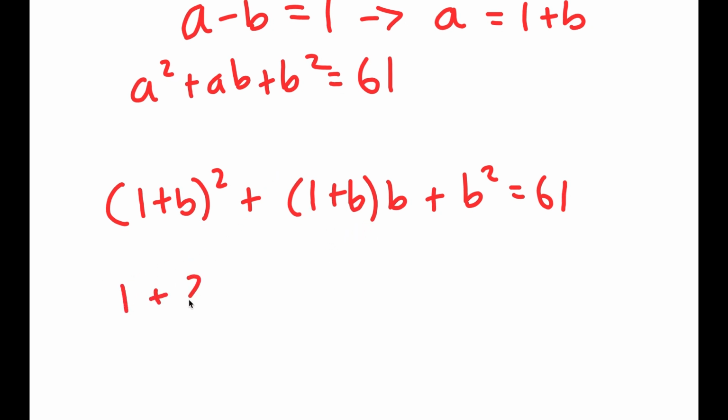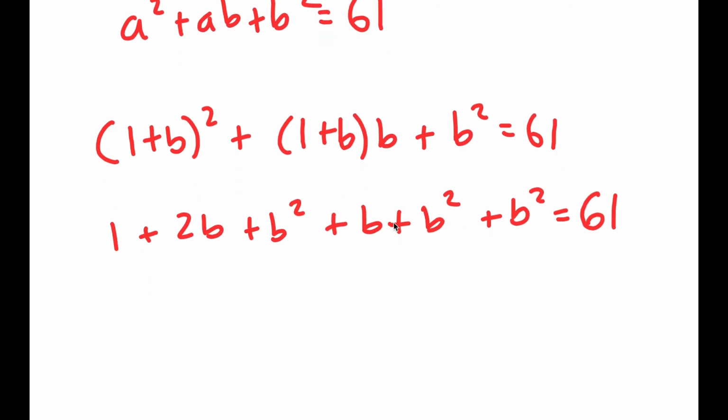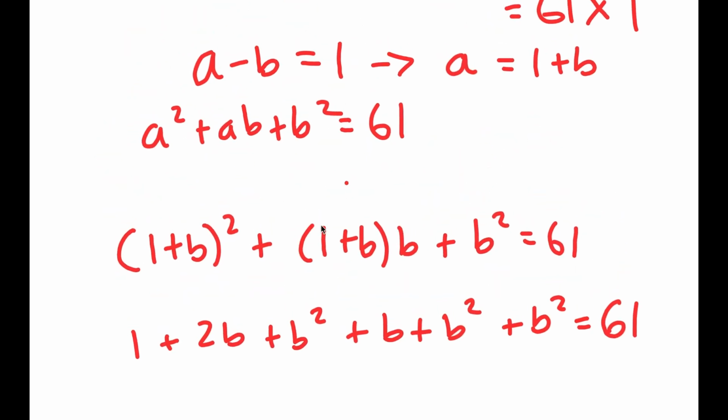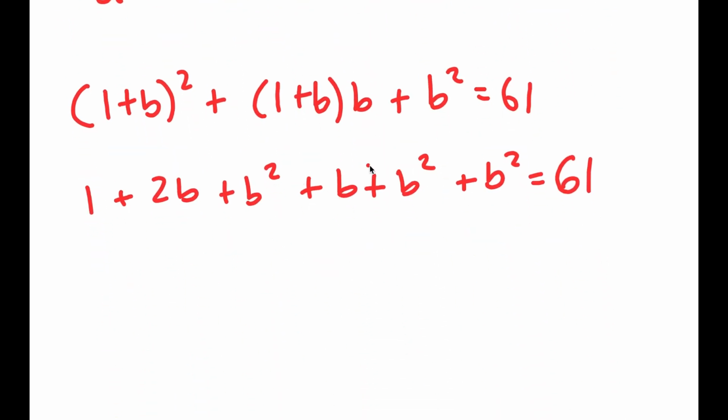Now I get 1 plus 2b plus b squared plus b plus b squared plus b squared is equal to 61. So now that I expanded this, I'm going to combine like terms.